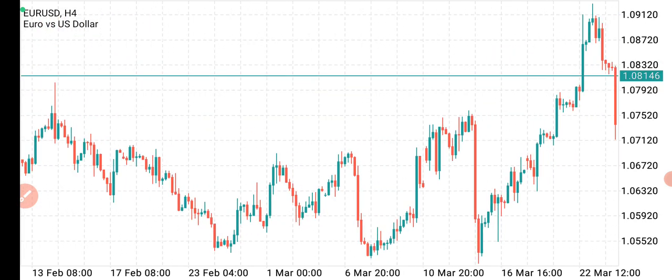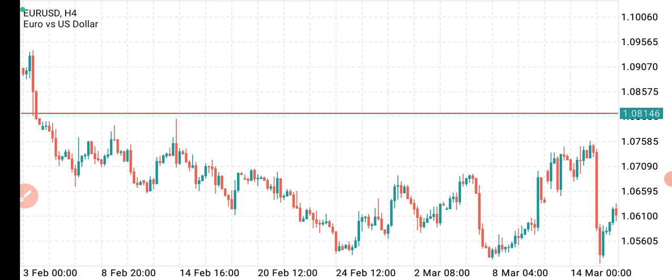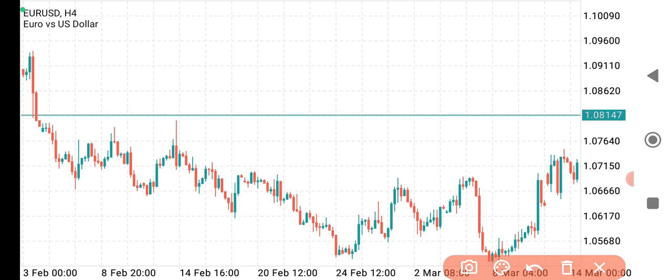So looking at this chart, let's identify our directional bias to know where we are. First we see that the market is making a lower high, lower low, lower high, lower low, lower high, lower low.